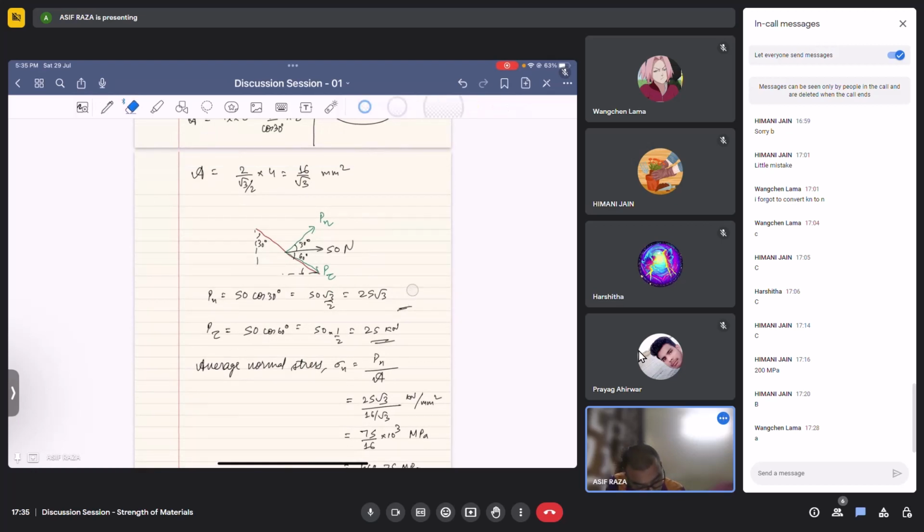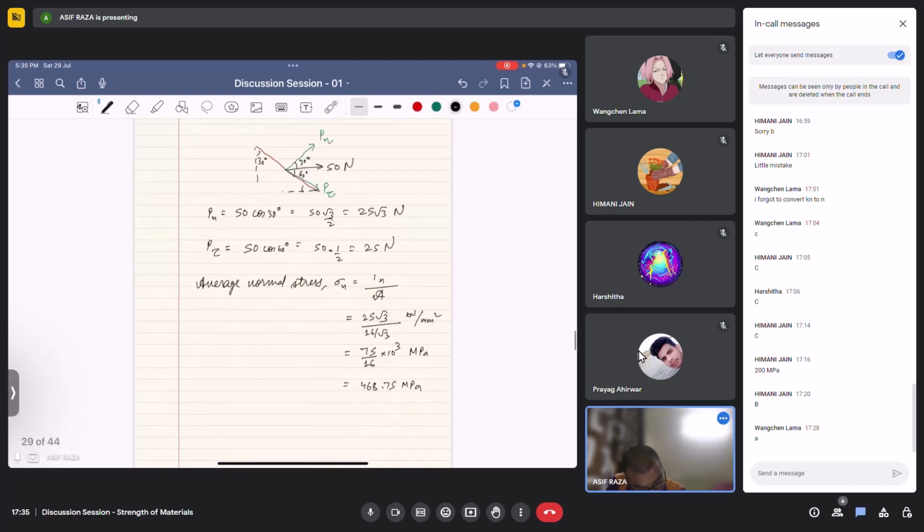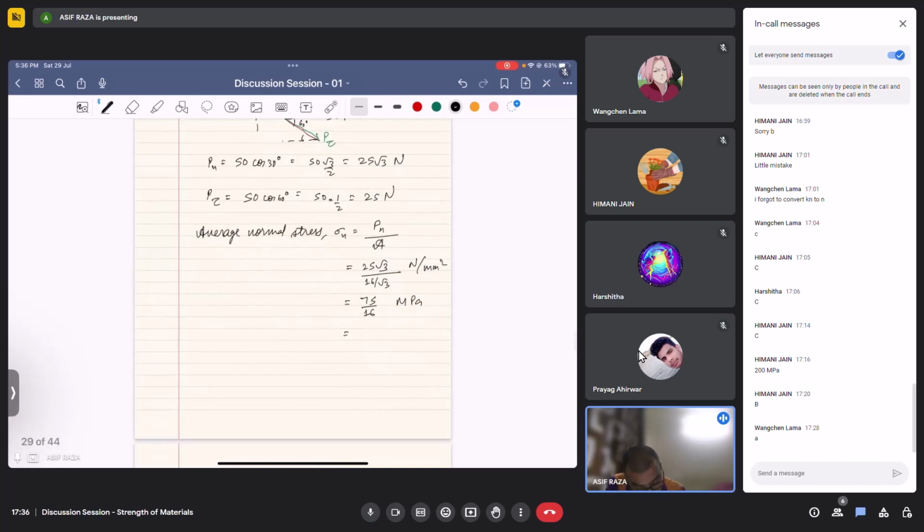So all these things would be in Newton. So Newton per mm square, that is megapascal. So this is 4.6875 megapascal.